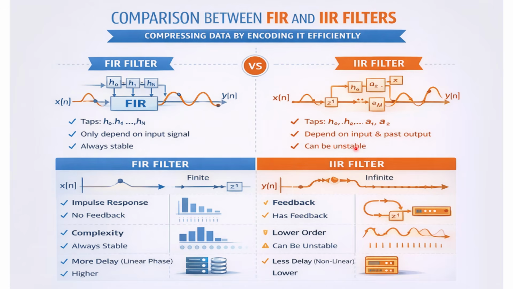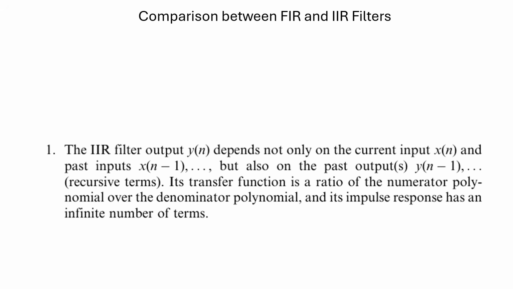You have to check the poles, whether they are inside the unit circle or outside. If they are inside only, then it will be stable, right? FIR filters have finite impulse response, no feedback, lesser complexity, and are always stable. The IIR filter has feedback, lower order, and may be unstable, depending on the situation. So these are the major differences.